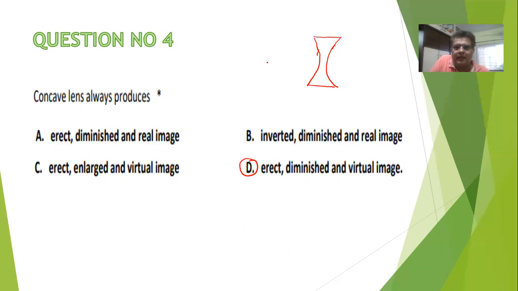As much as possible, I'm trying to draw a better diagram. This is our optic center. This is the focus. Let's assume that this is the object AB. Now, a ray which is coming from the object gets diverted because it is the concave lens, and it diverges in this manner.